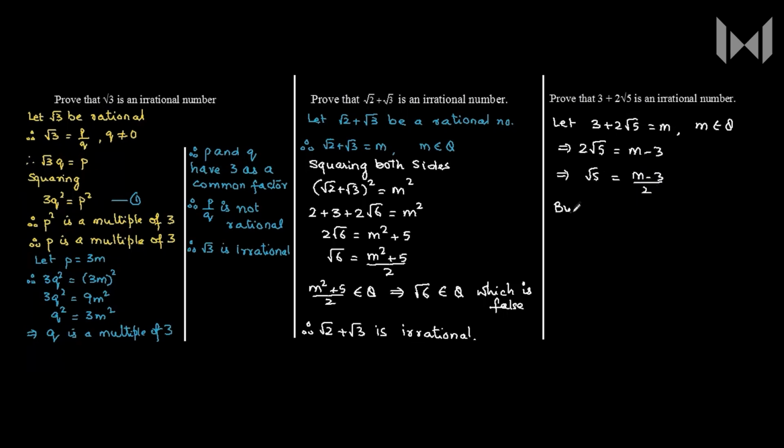But m minus 3 upon 2 belongs to rational. That implies root 5 is rational, but that is not correct, and therefore 3 plus 2 root 5 is irrational.